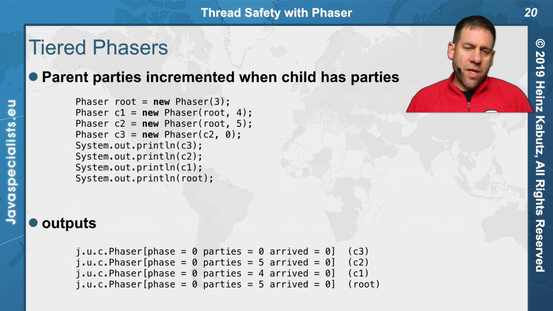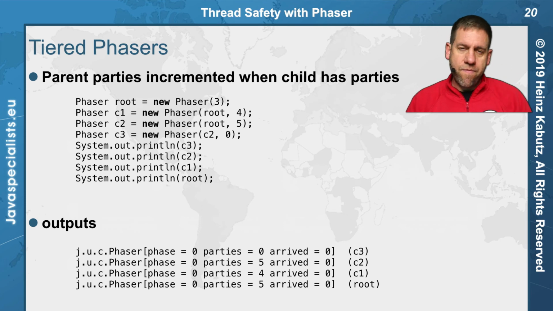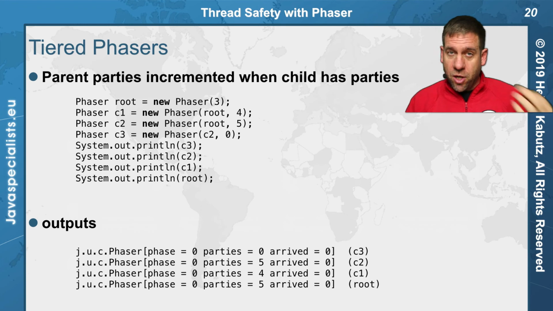Here's an example. I've got a root phaser of size 3, so 3 parties for this phaser. I then make C1 with 4 parties. And so if you print out what's inside C1, it's going to say there are 4 parties inside. C2 is going to have 5 parties, and C3 has as parent C2 and has no parties at all. Now if I print out C3, you're going to see parties equals 0.